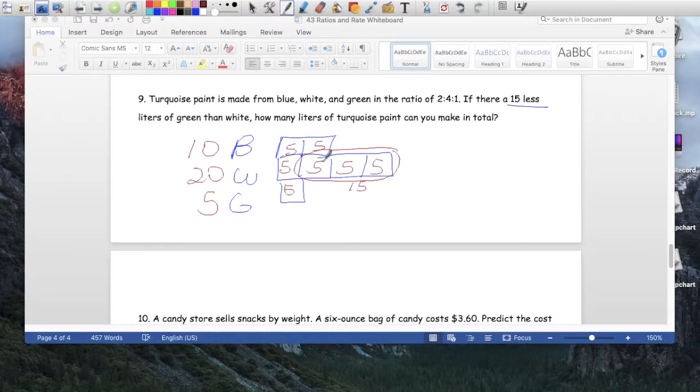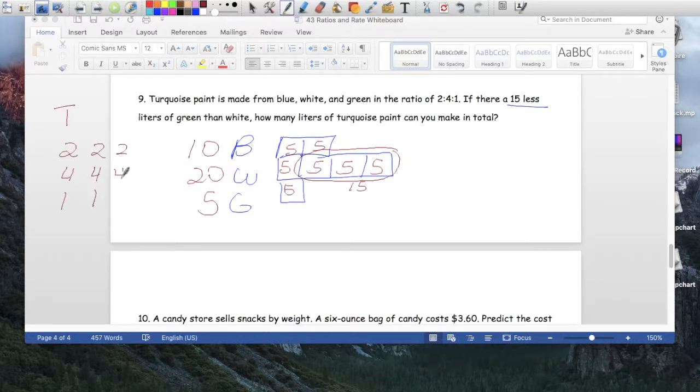So how many liters can I make? Well, I need a ratio of 2, 4, and 1, right? I need 2 blue, 4 white, 1 green. That gives me 1 liter of turquoise. If I make another liter, I'm going to need 2, 4, and 1.